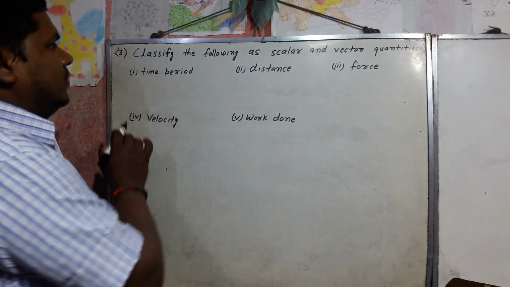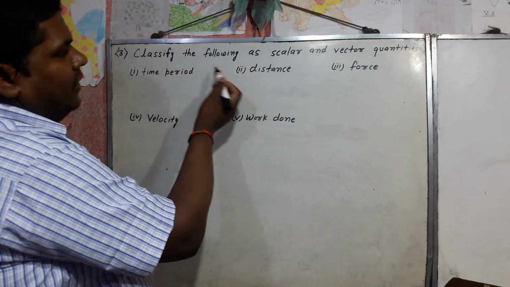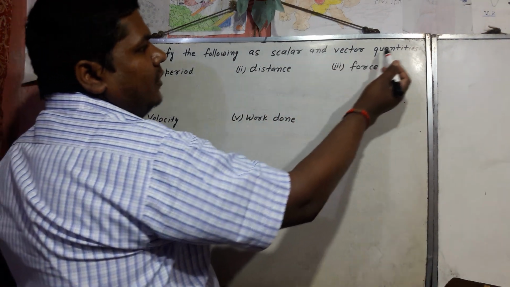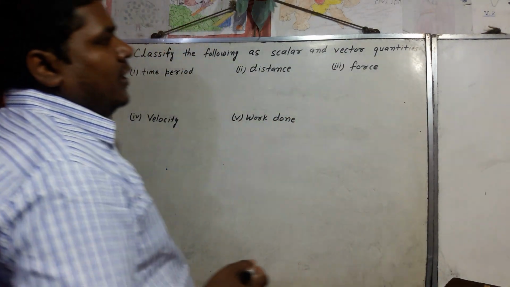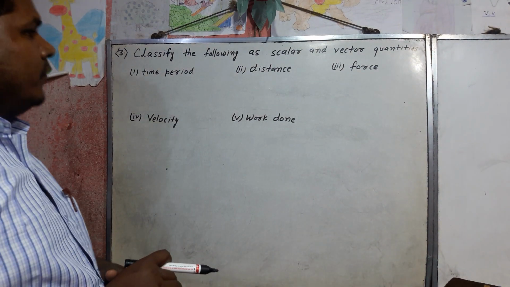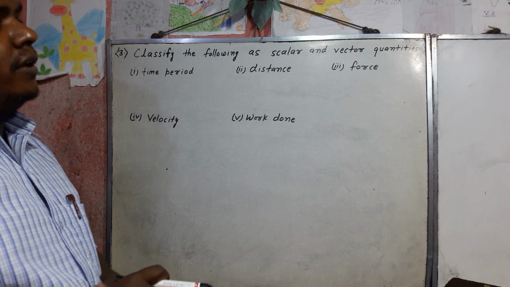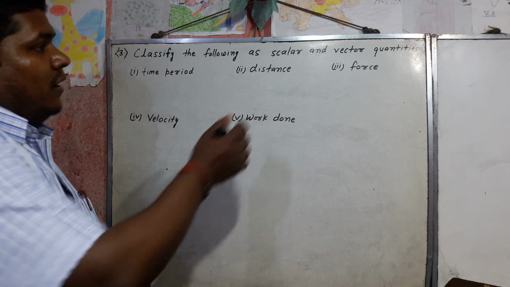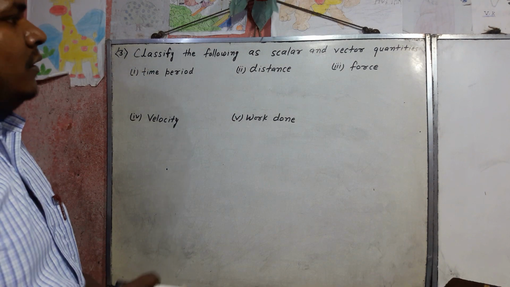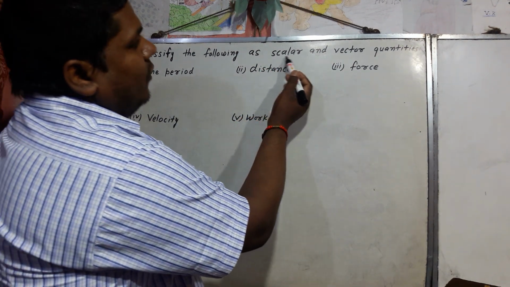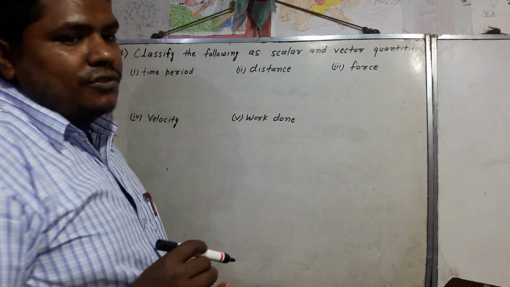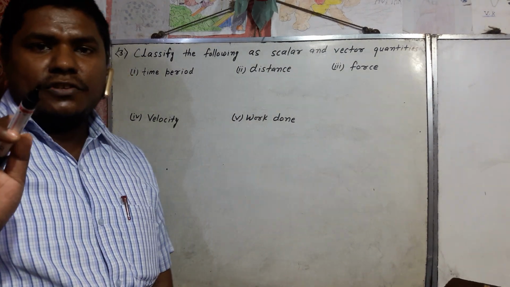Number 3 question: Classify the following as scalar and vector quantities. Just now we have read about scalar and vector. A scalar quantity is that quantity which has only magnitude.